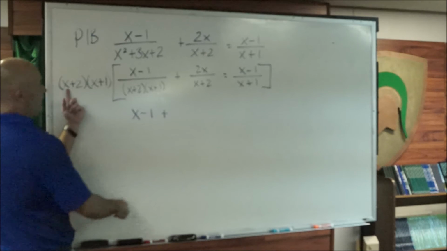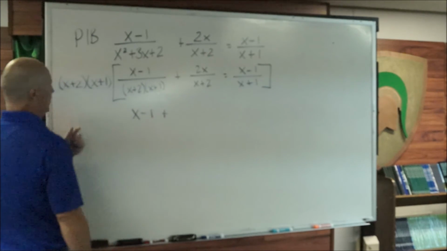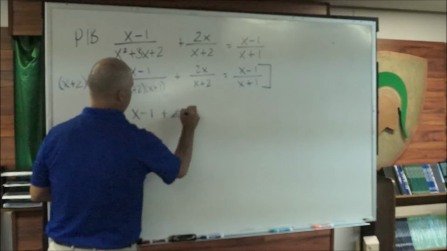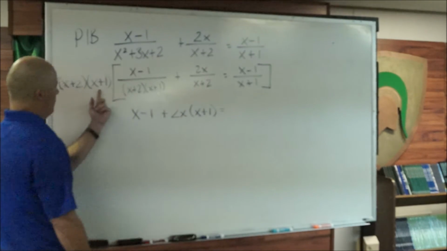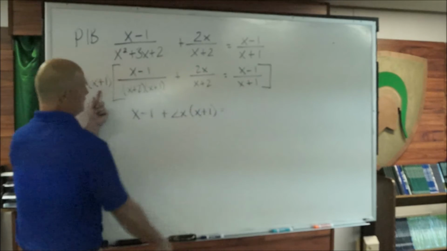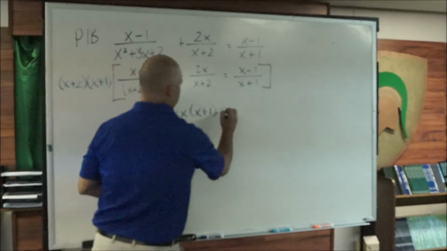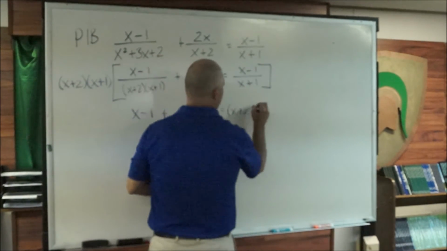Plus, this x plus 2 and this x plus 2 cancel, so that's going to give us 2x times x plus 1 equals this x plus 1 and this x plus 1 cancel, so x plus 2 times x minus 1.